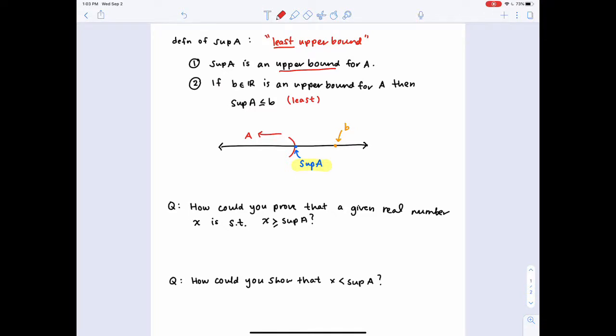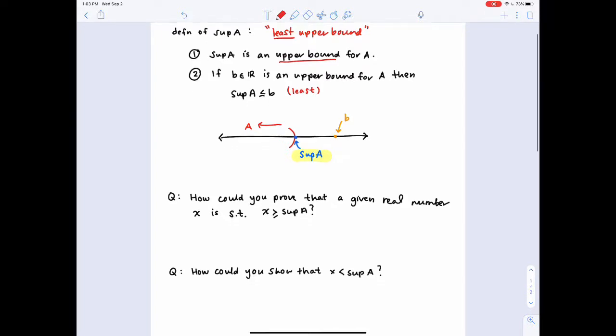So if you take a look at part 2 of the definition of sup, it says that if you know a number is an upper bound for A, then it's automatically greater than or equal to sup A. That tells me that if I want to show a number is greater than or equal to sup A, I could apply part 2 of the definition and say, I want to show that x is an upper bound for A. In other words, remember what that means.